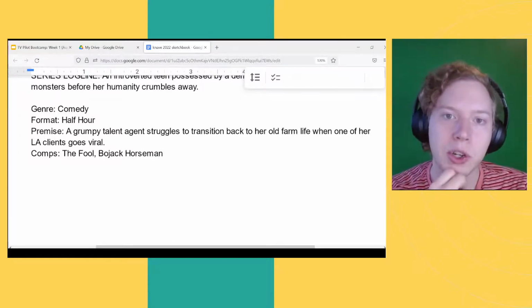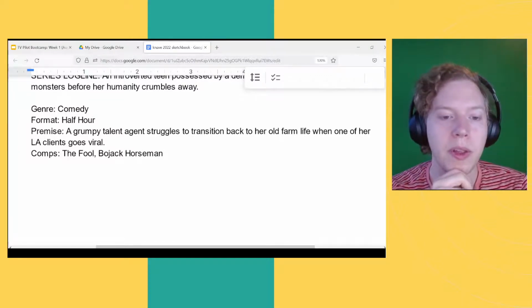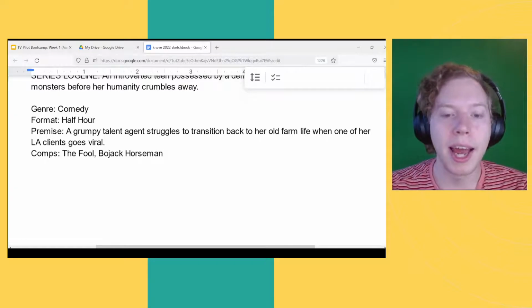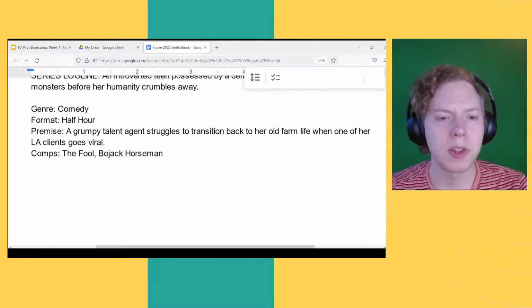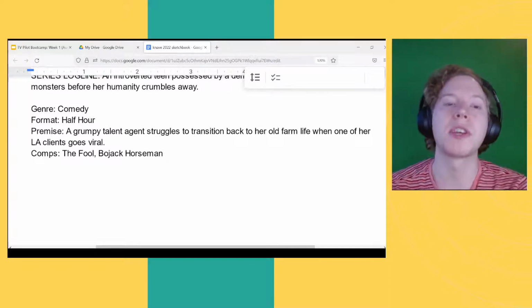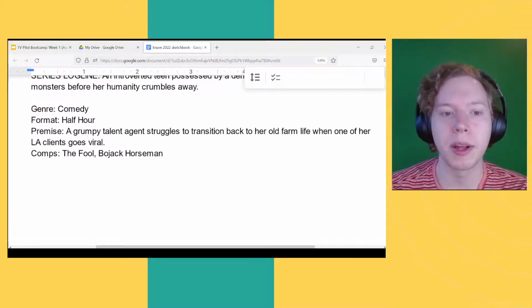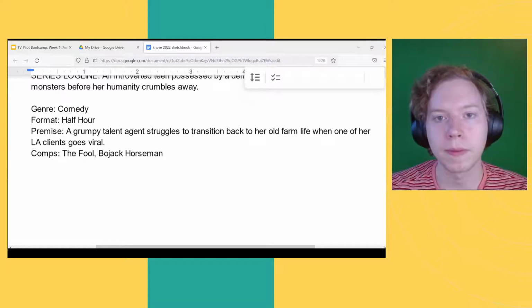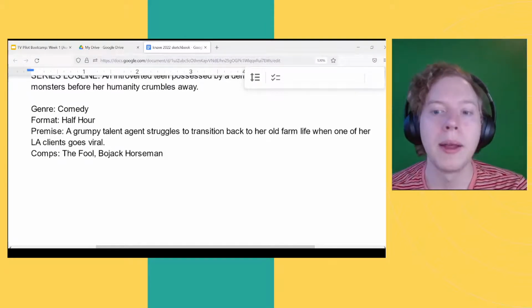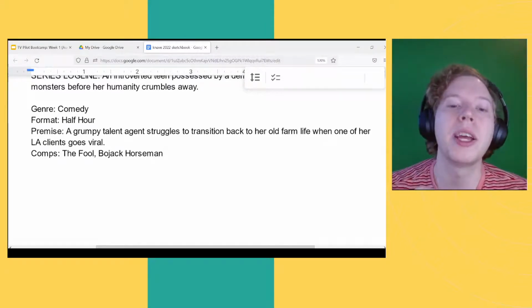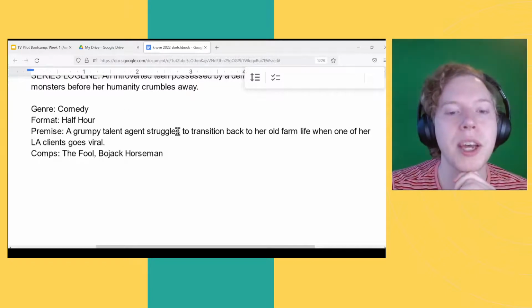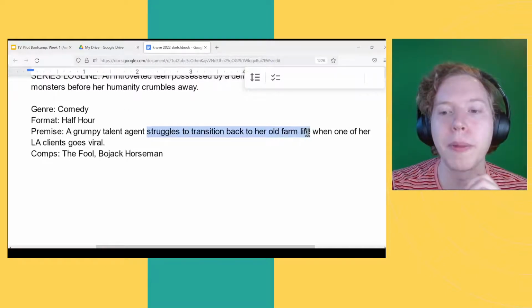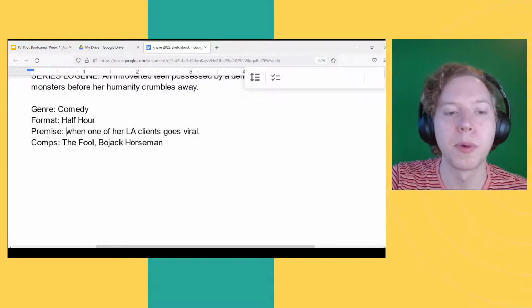Yeah, that's a good show that takes place within the entertainment industry in LA, and that's a half-hour comedy as well. So, is this the central relationship of the show, the client and the talent agent? Yes. It is. Okay. So in that case, in revising this, I would take away the focus from the farm thing and focus more on the people involved.